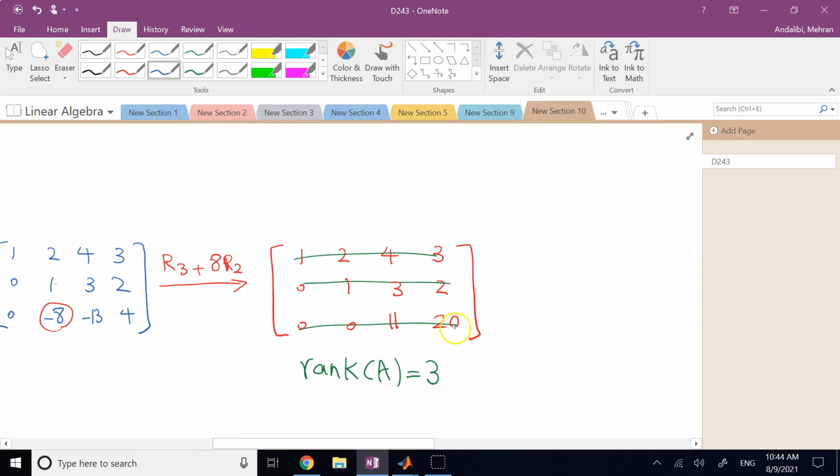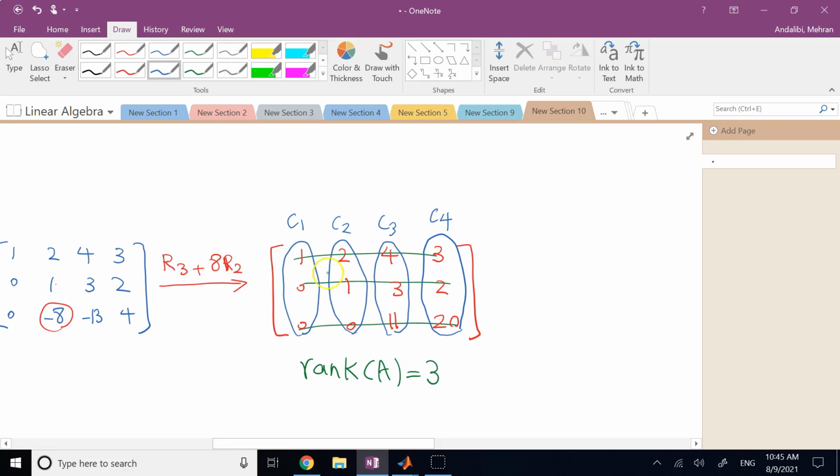I can select, let's say, this one here, and if I call the columns C1, C2, C3, and C4, I can definitely make C4 by a combination of C1, C2, and C3. The reason is that a combination of C1, C2, C3 will form a 3D space.